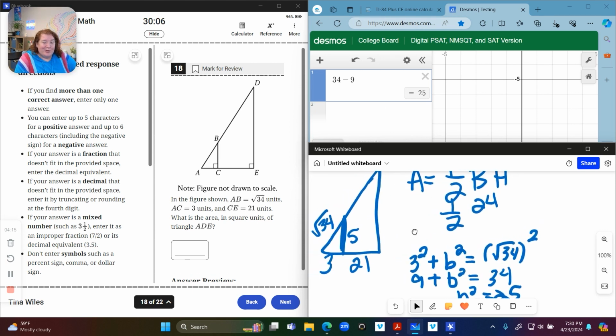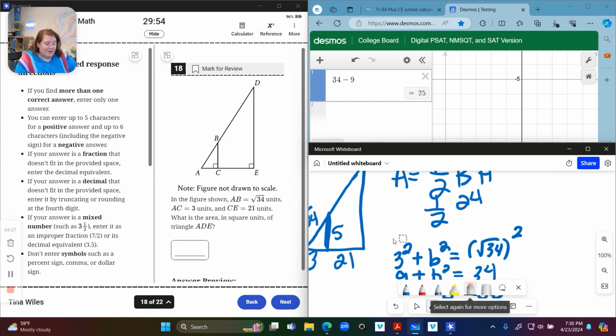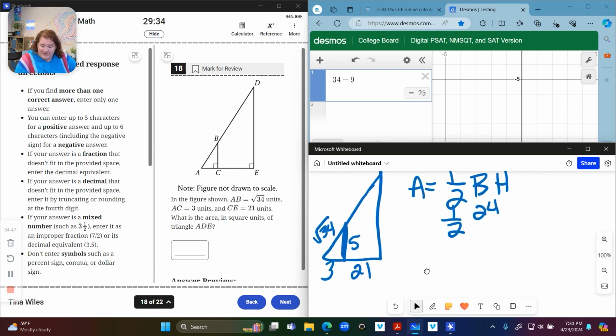Now I need to use proportions. Let me erase this part. I'm running out of room. Okay, now I'm going to use proportions, and I have to keep the same sides aligned with each other. Okay, so I'm going to do 3 is to 5.